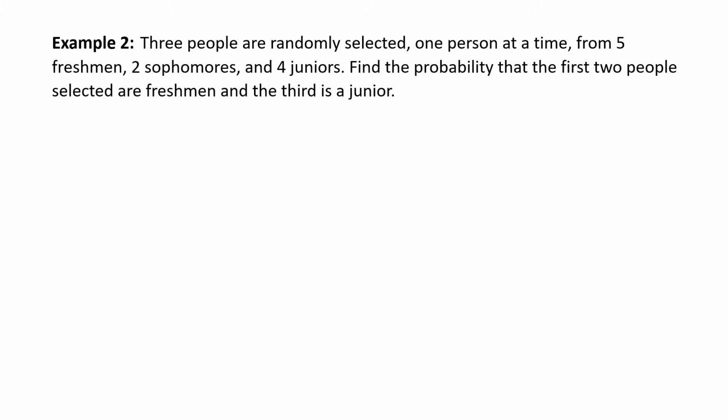Example: 3 people are randomly selected, 1 person at a time, from 5 freshmen, 2 sophomores, and 4 juniors. Find the probability that the first 2 people selected are freshmen and the third is a junior. To solve such problems, I like to have a basket and then put in tickets representing each member of the set.